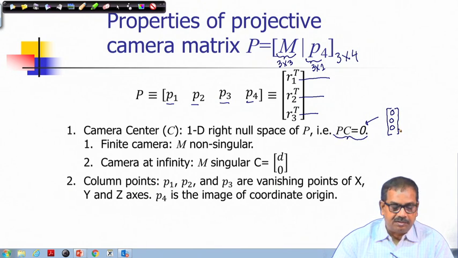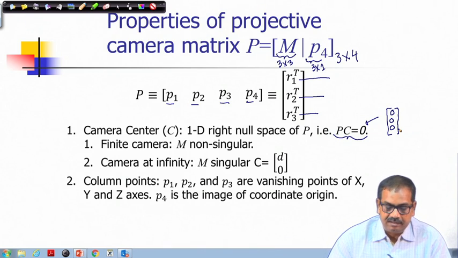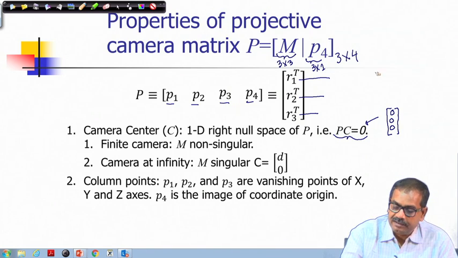That is a 0 vector. So how can we express this camera center? I will consider this form.